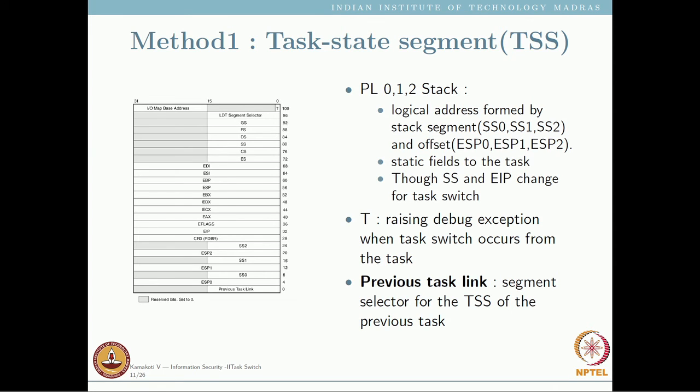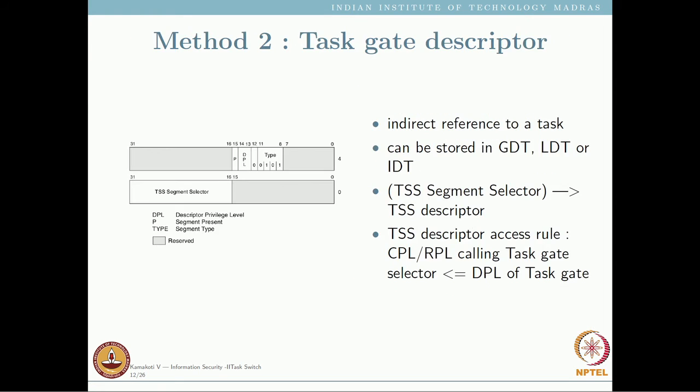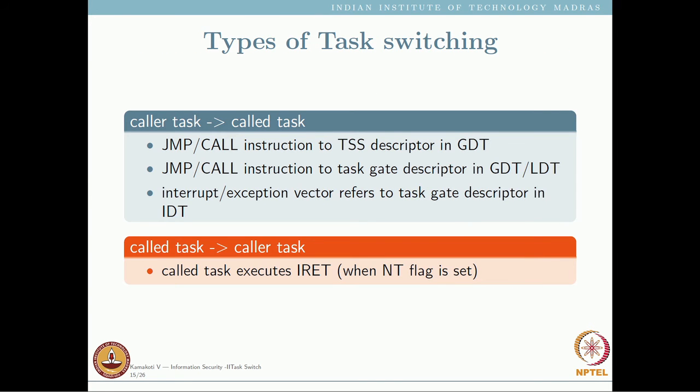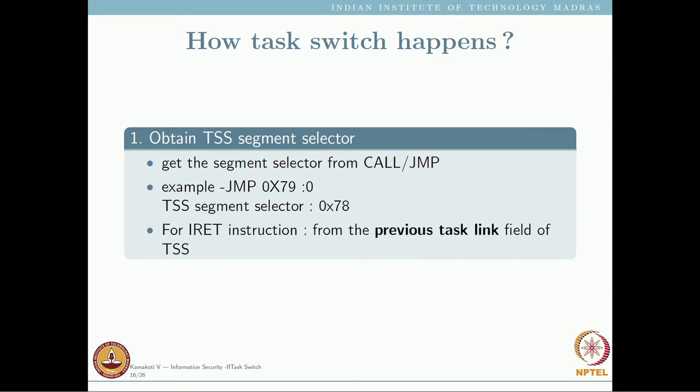I use that previous task link to go to the previous task state segment, and there I reset the NT flag, and I get the TSS field from the previous task link. So, this is how I do an IRET.